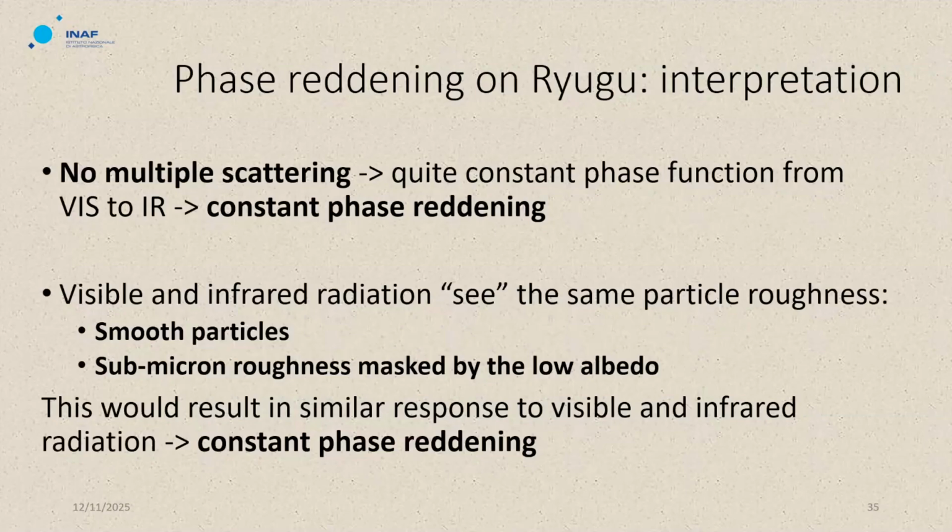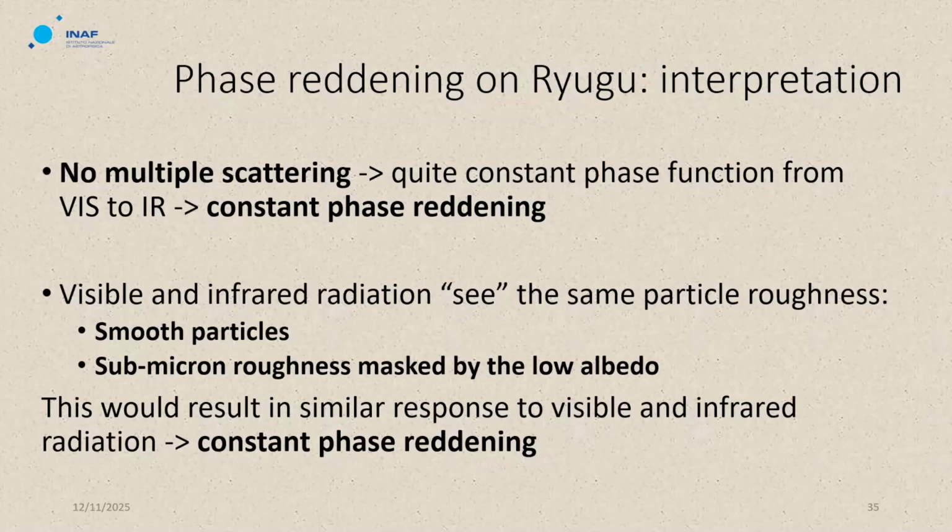So we talked about physical properties, because since phase reddening is due to interaction of radiation with particle roughness, visible and near infrared radiation have a different wavelength, so they scatter differently from the particle roughness.